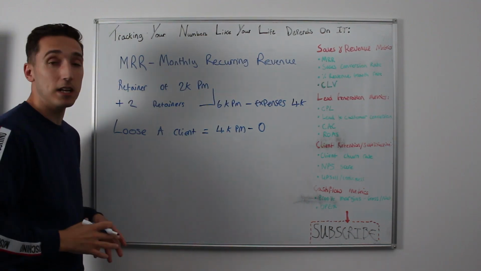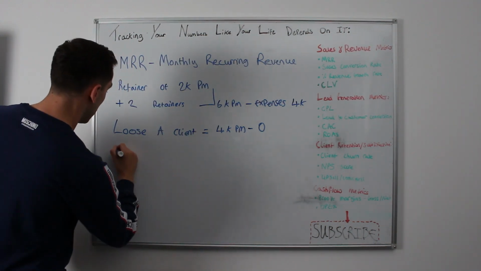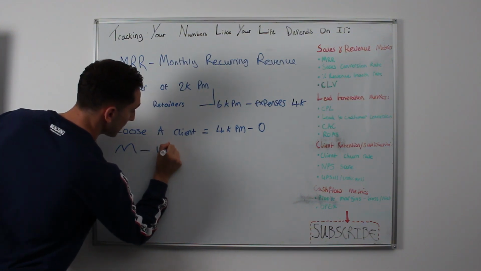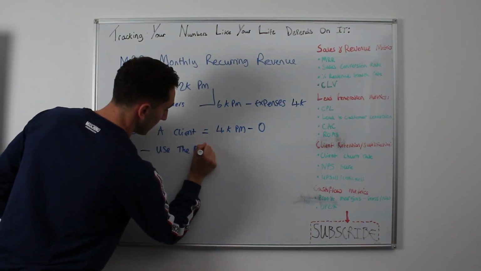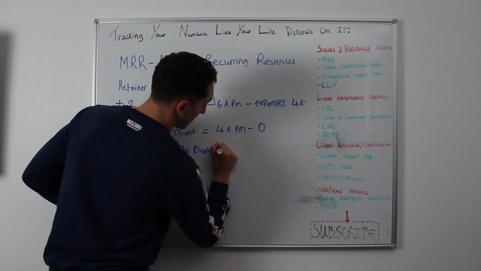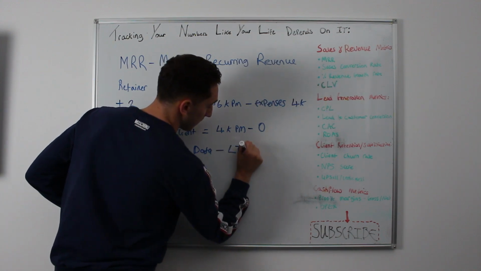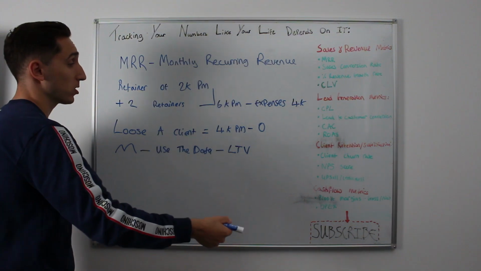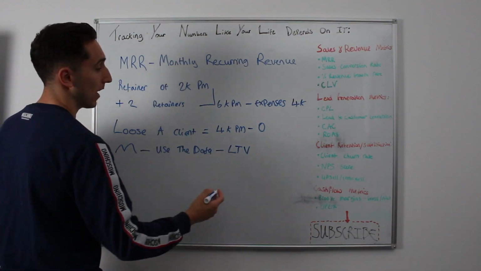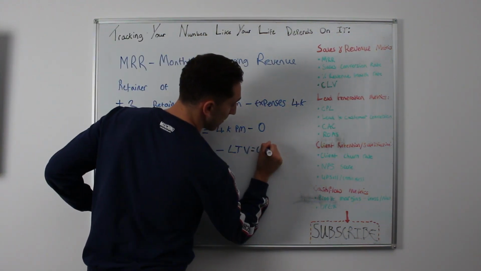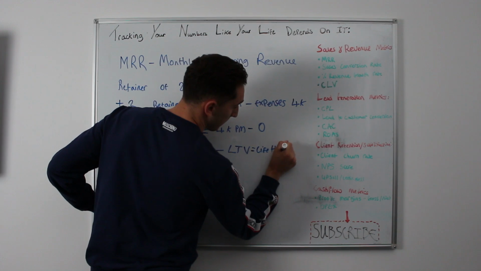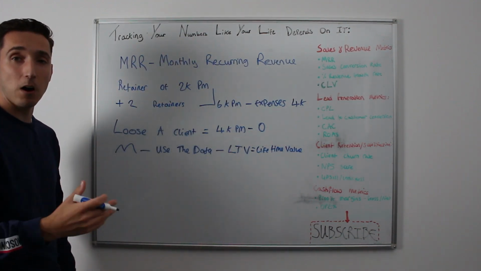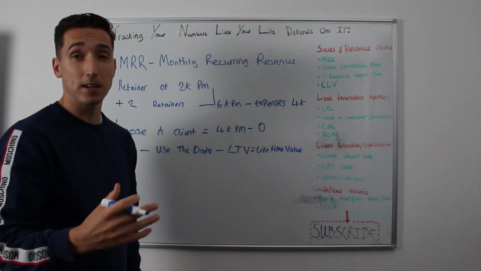We need to be looking at how long that retainer is lasting, so we can then use the data to understand the LTV, which is lifetime value of an average prospect for your business. Okay, so your lifetime value. Now this will help you really understand how long that client is going to be on that journey for you.